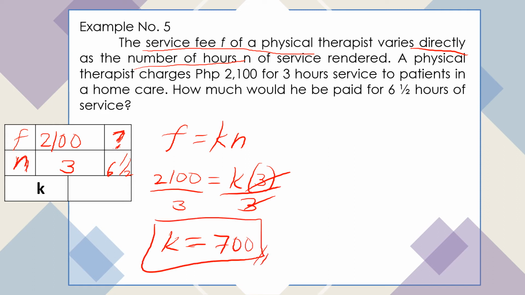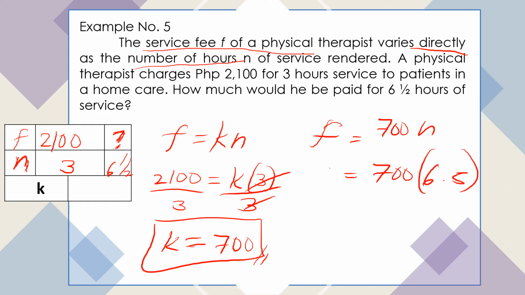Therefore, kapag ililipat natin siya sa equation of variation, siya ay magiging F equals 700N. Then, kapag ang given natin na N is 6.5, we will substitute it sa ating equation. Therefore, pag minultiply natin siya, 700 times 6.5 is 4,550.